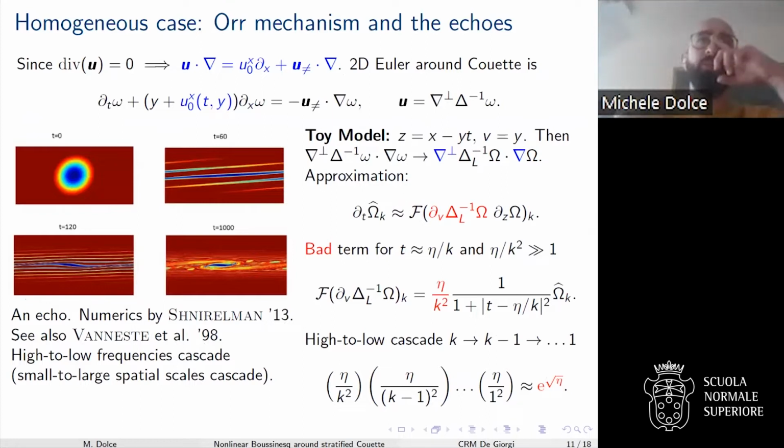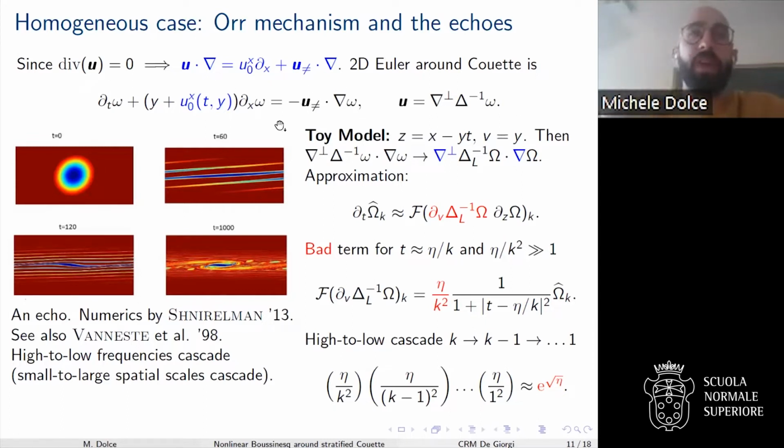Now, first of all, since the velocity field is divergence free, it is convenient to rewrite this operator in this way, where you isolate the shear flow component of your velocity field plus the non-zero x frequency. And now you do observe that this is the system that you get, but now the shear flow profile is determined by the solution itself, so it is nonlinear, and you have a nonlinear forcing term.